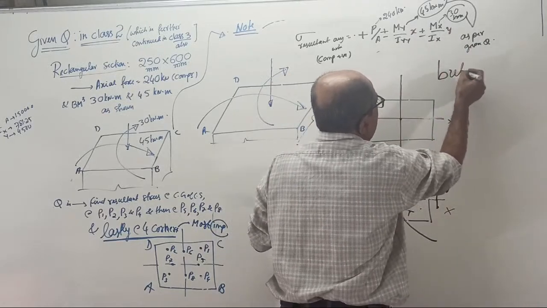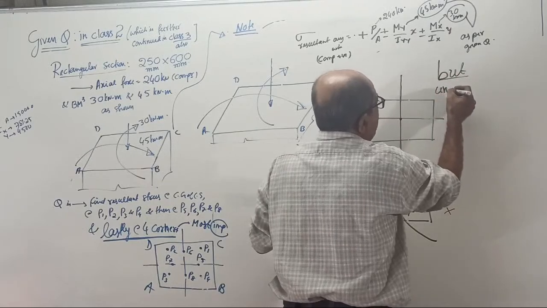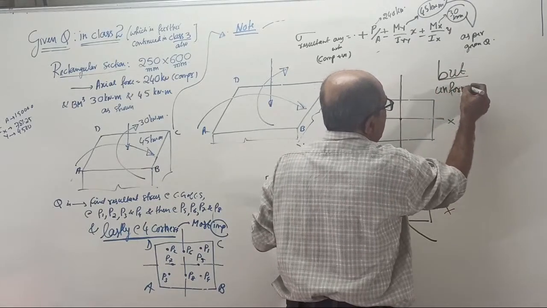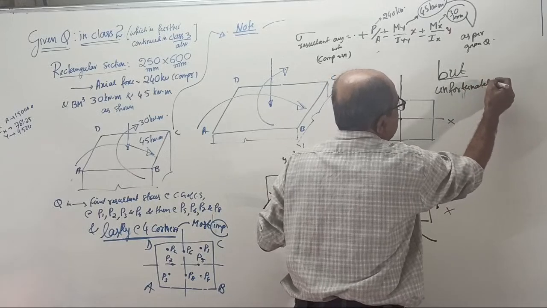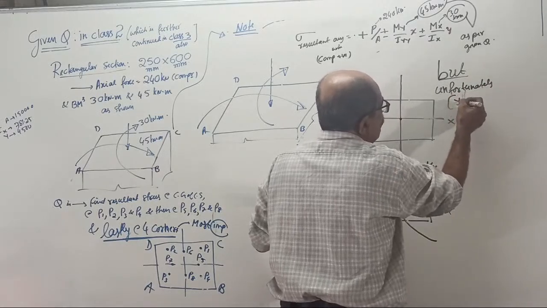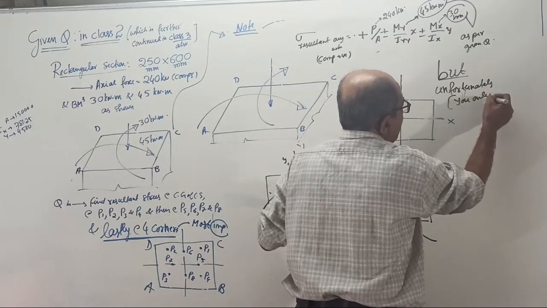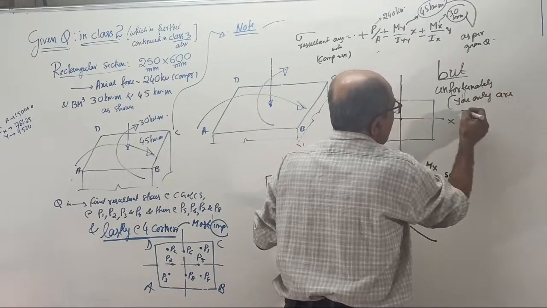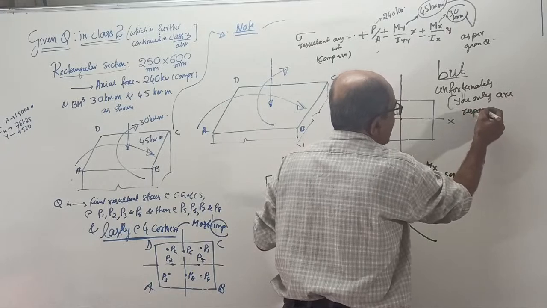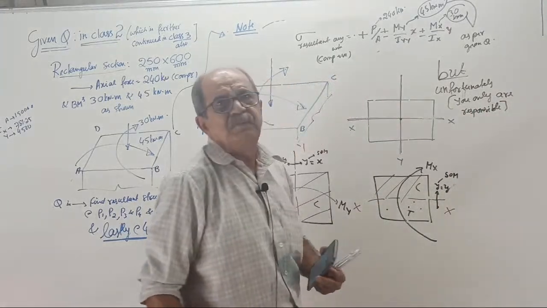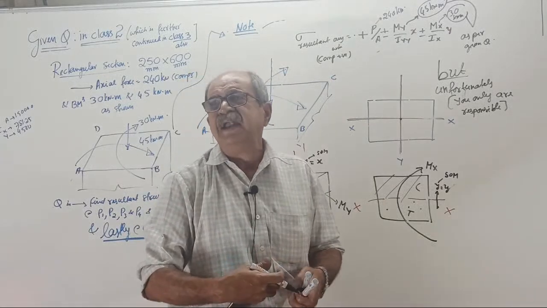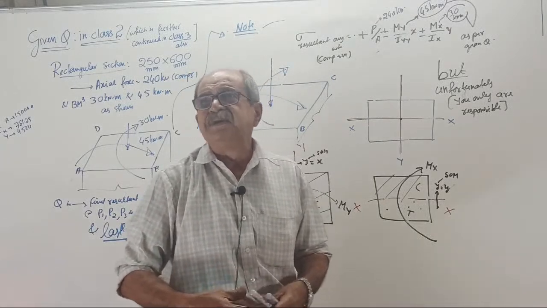But right here, unfortunately, remember, you only are responsible, because you are learning. I am teaching. If I, by mistake, put a wrong entry, it is called a print mistake.